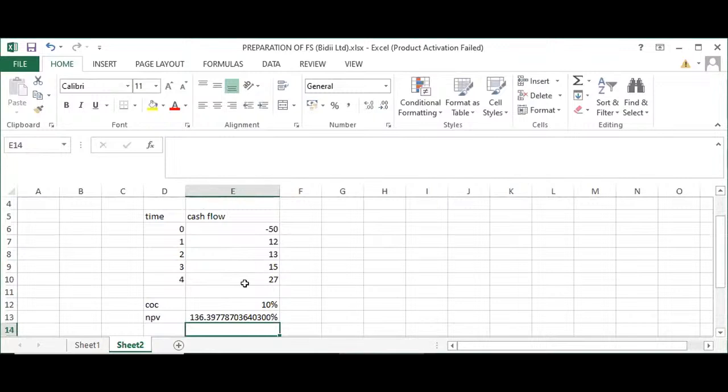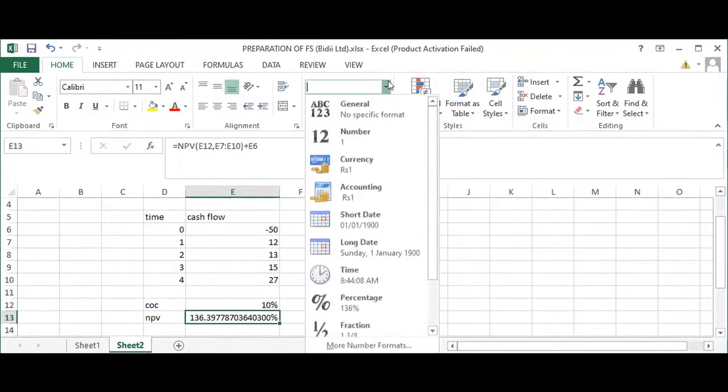Great. So go back to that percentage, you change it. Go back to that cell, 136 point, just click there. Then go to the drop down at the top, and say number.